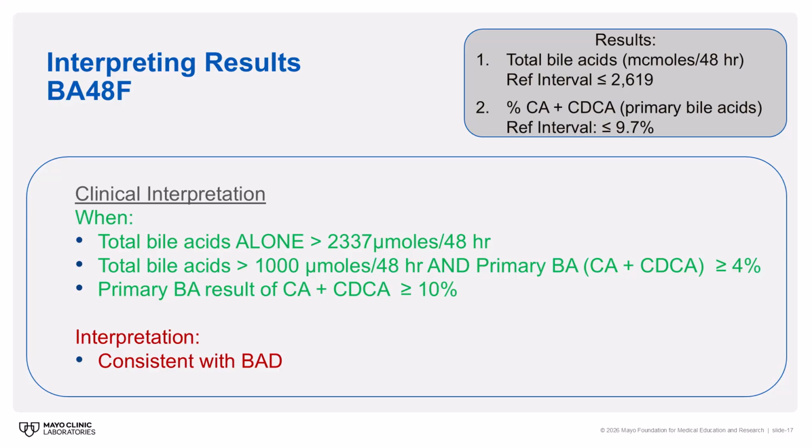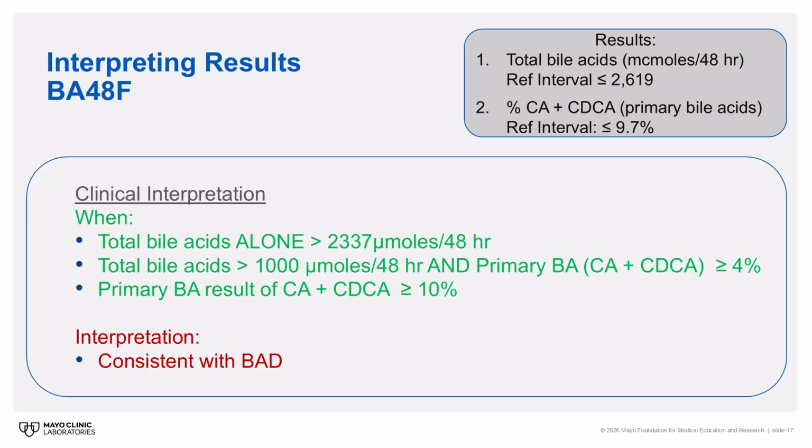The interpretation of these test results is shown here. The top right in the gray box shows the reference intervals in a healthy population, but more commonly, clinical decision limits are used, and those are shown in green down below. When total bile acids alone are above 2,337 micromoles per 48 hours, this is consistent with the diagnosis of bile acid diarrhea or bile acid malabsorption.